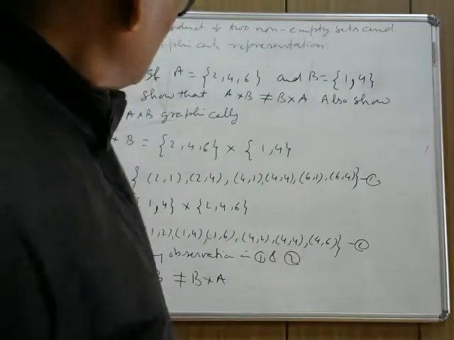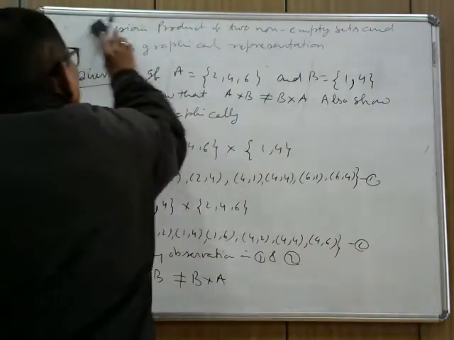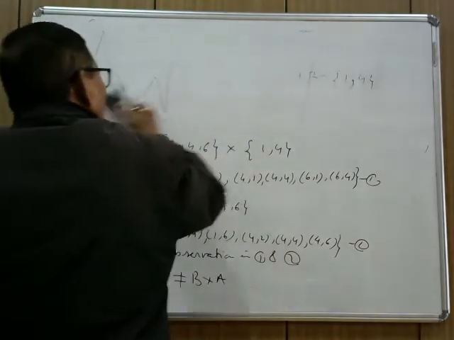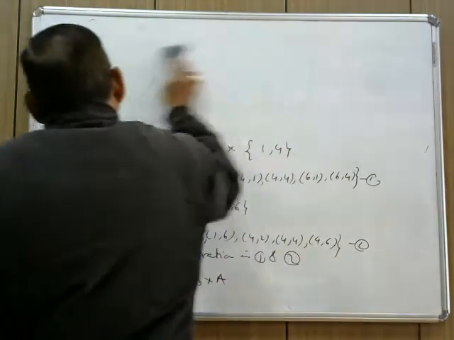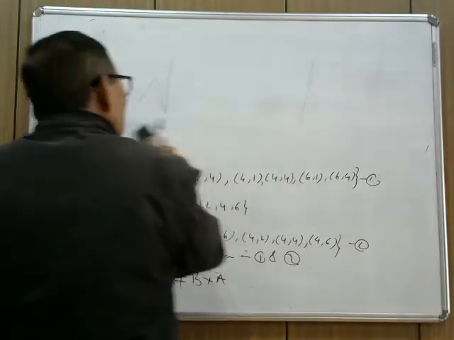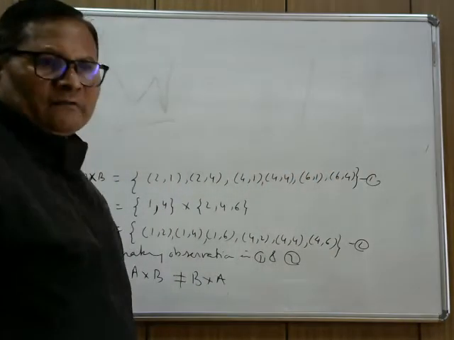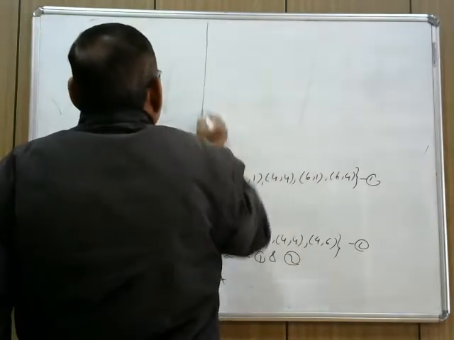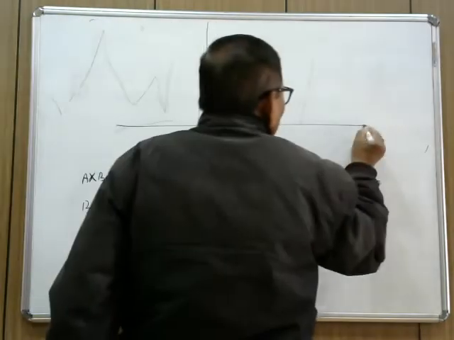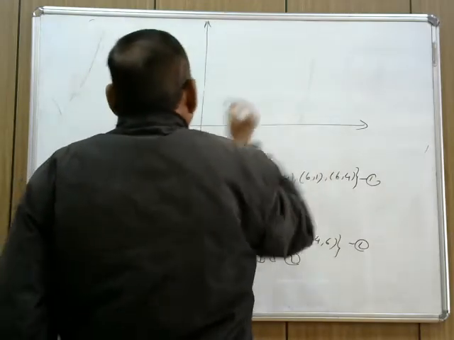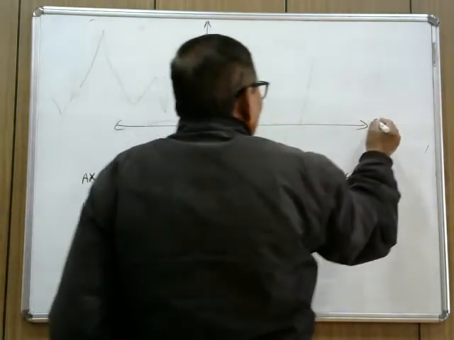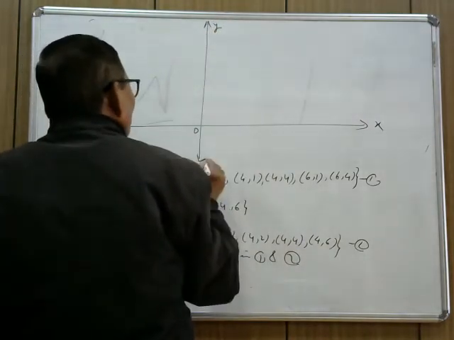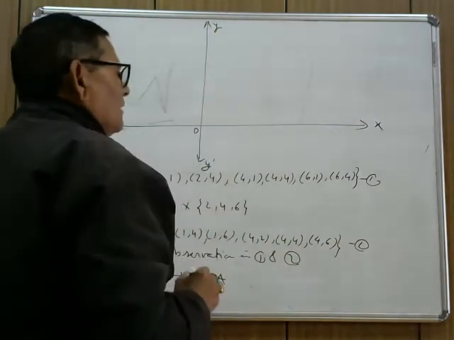Next, their graphical representation. How can we show it graphically? First of all, we draw two mutually perpendicular lines and mark the horizontal line as x-axis and the vertical line as y-axis. This is X' O X, Y' O Y. These are two mutually perpendicular lines.